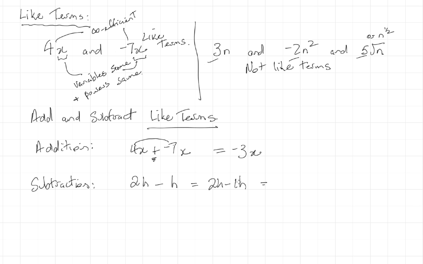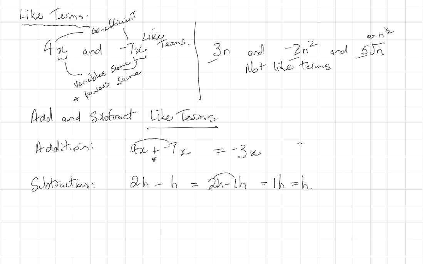We've got 2h minus 1h. We do the mathematics on the coefficients. 2 minus 1 is 1, and then we just put the h. And we don't tend to write 1h, just as we didn't there, so that's just equal to the variable h.